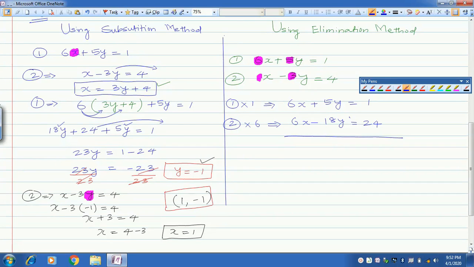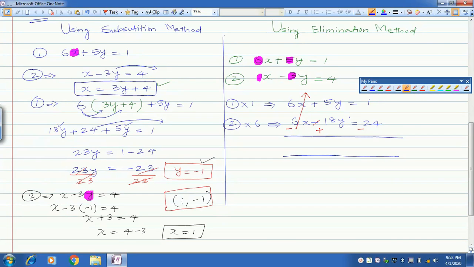So how will you change the sign? Here you have plus, so I can change it to minus. Therefore, 6x minus 6x gets cancelled.